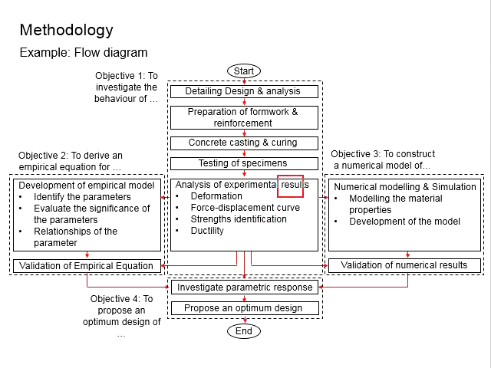Based on the data and results that you have obtained from the experimental study, you will need to develop an empirical model using some statistical measures. First, you will need to define the parameters as implied from the experimental results. And then you might need to evaluate the significance of those parameters in governing the response of the specimens.